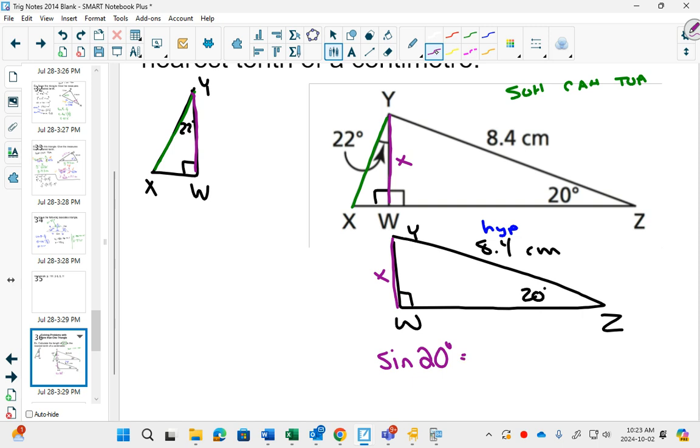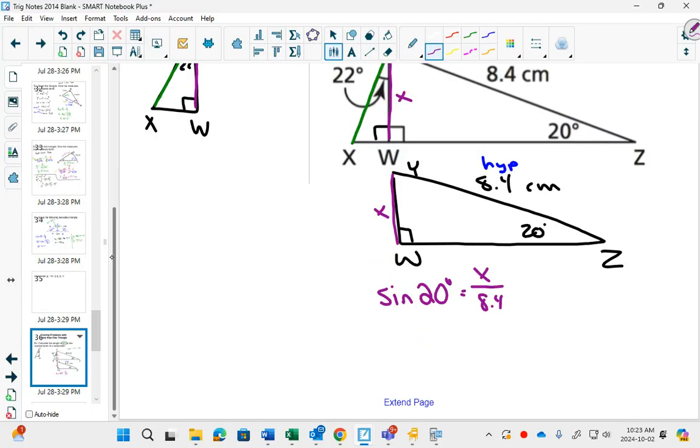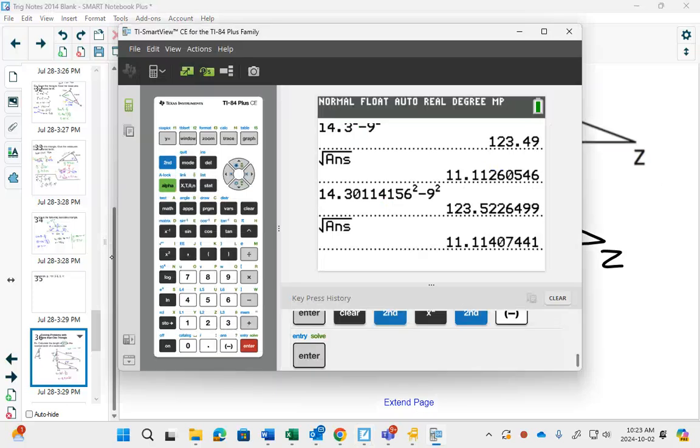So I write out my definition of sine. Sine of 20 degrees would be the opposite divided by the hypotenuse. X is already in my numerator, so to get x by itself, I would have to multiply both sides by 8.4. You can use a dot in between for multiplying, an x, an asterisk, and even with sine, you can just write it touching. If I go 8.4 sine, the calculator already knows that when they're touching, you mean multiplication.